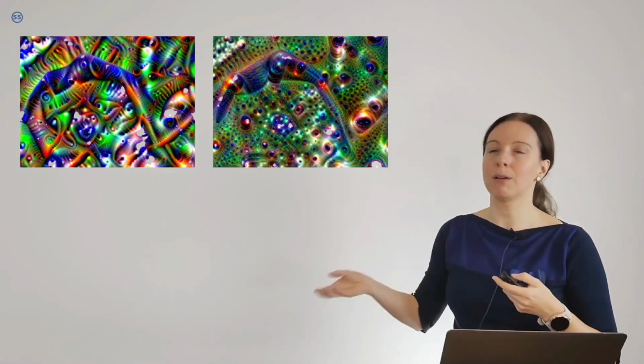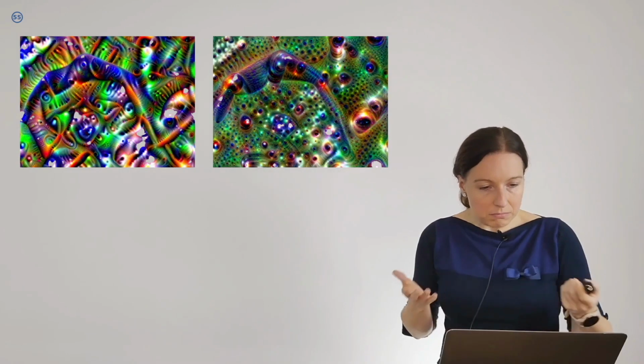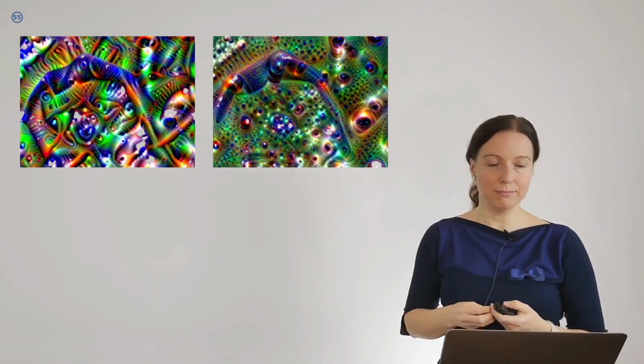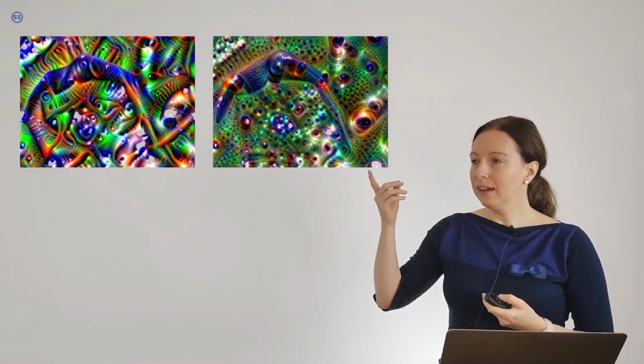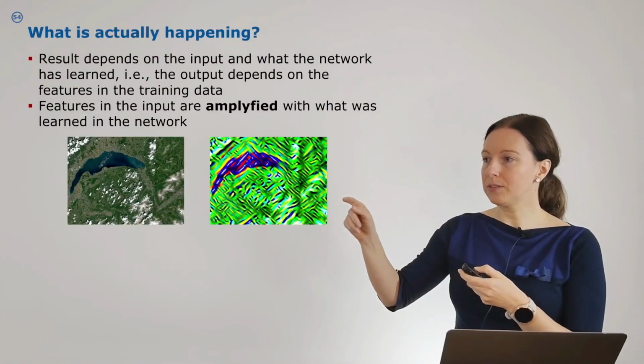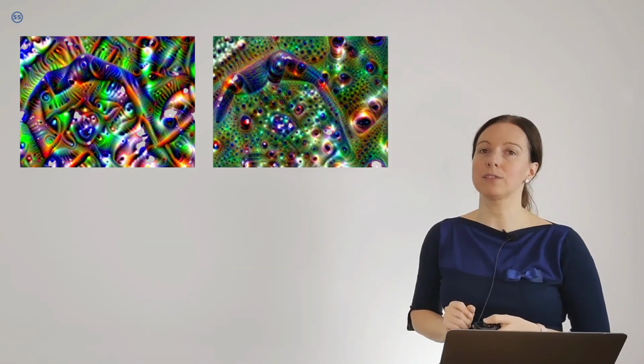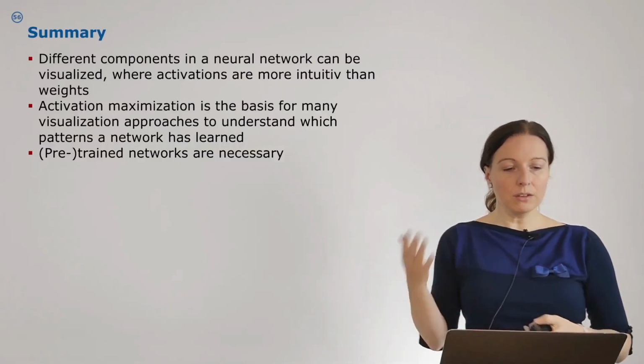For example, these round structures and, yeah, these legs or whatever. And also an interesting thing is that here you clearly see basic structures, and here you see more complex structures.